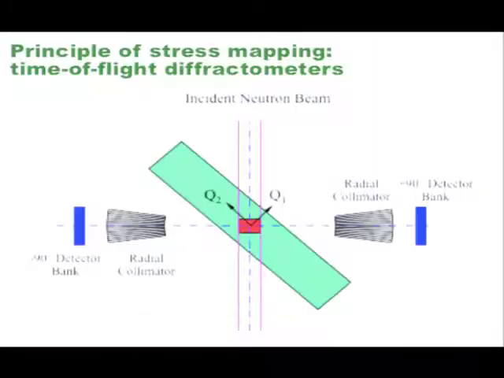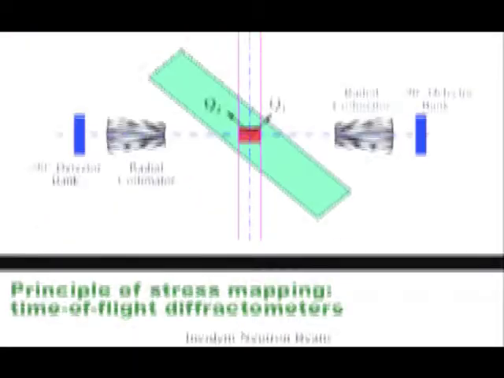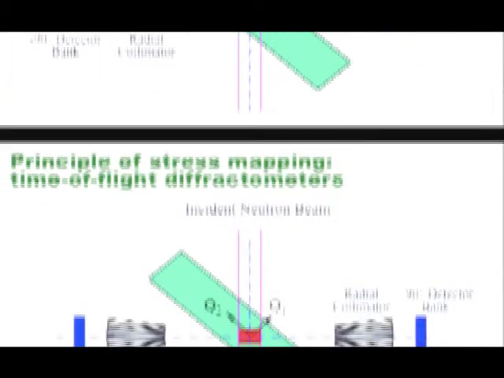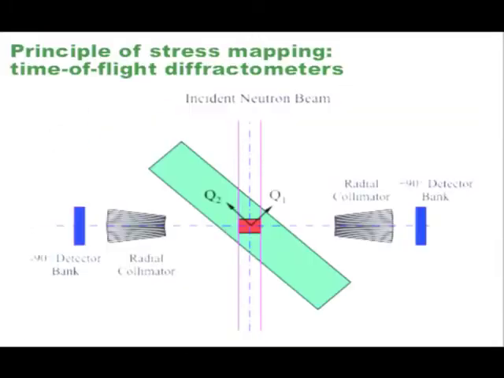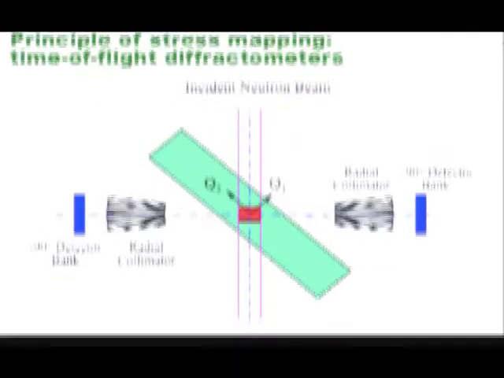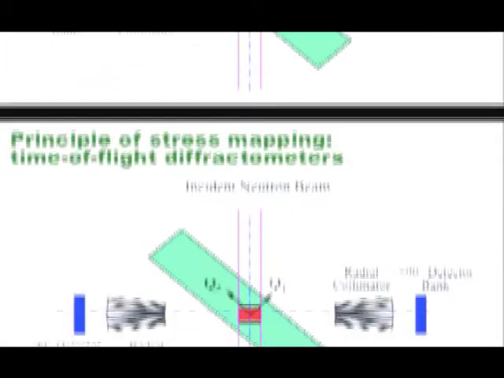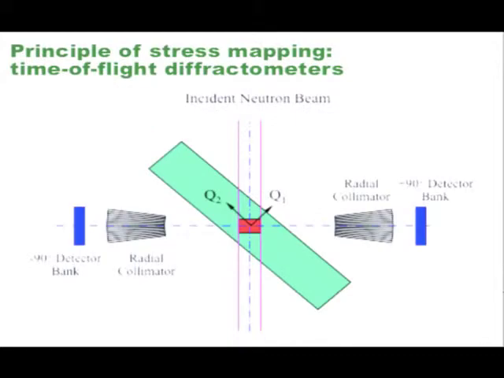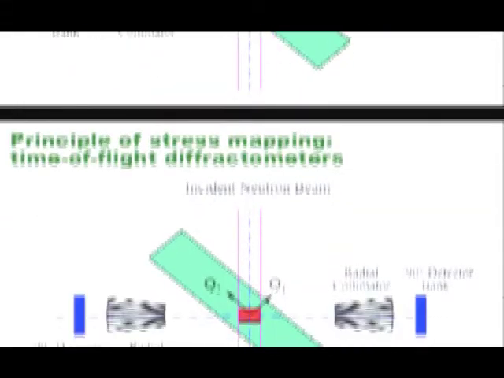And a time-of-flight neutron diffractometer is a little different. Here, because you have a very large detector array covering a wide scattering angle, it's hard to use a slit. Here, you actually use radial collimators.